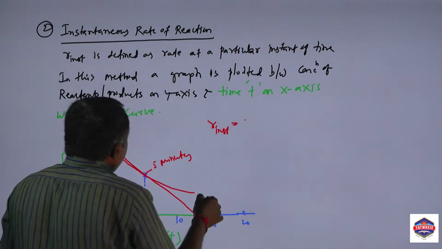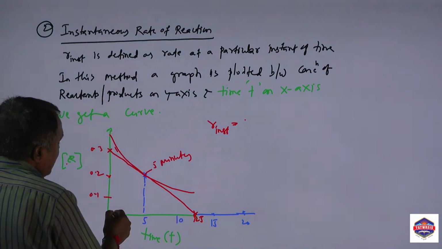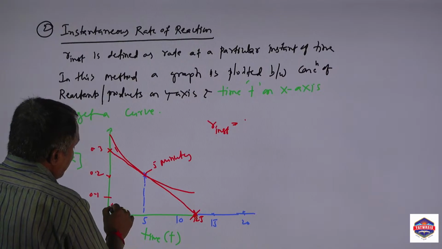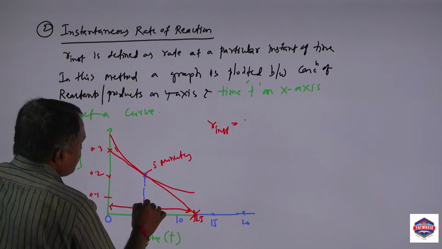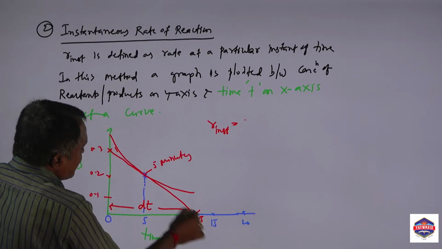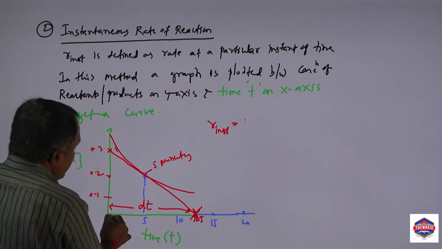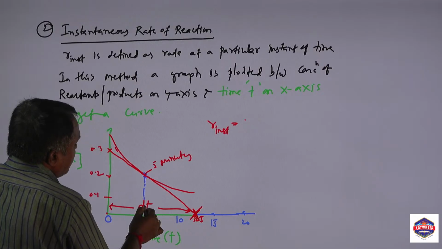What is the slope of this tangent line? The line from where it touches the x-axis, from here to here, this is dt: from 0 to 12.5.